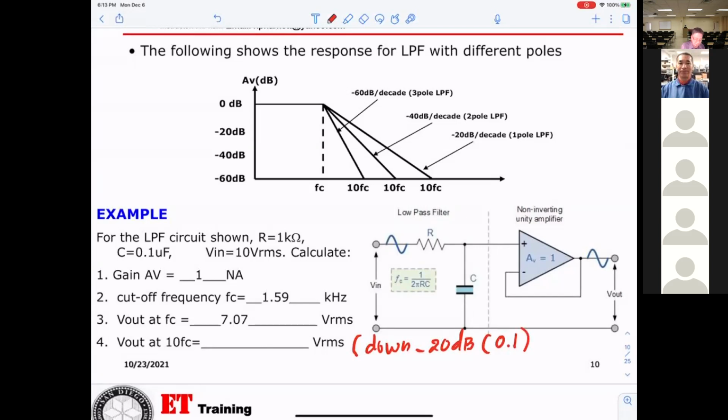And now you want to calculate the V out, which equals 10 volt RMS times 0.1. You get 1 volt RMS.